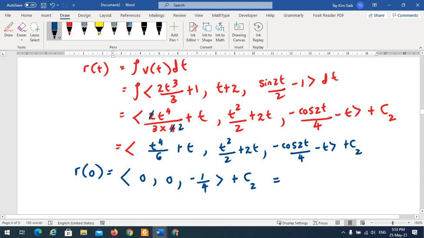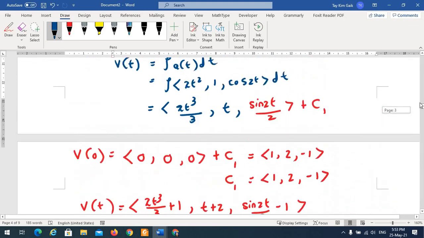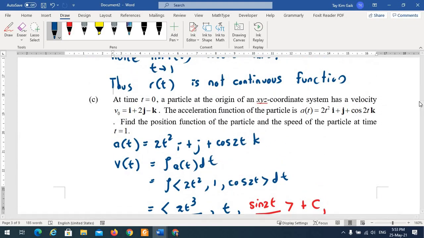So look back at the questions. Again, at time t equal to 0, a particle is at the origin of an xyz coordinate. So that means when t is 0, vector r(t) is 0i, 0j, 0k.